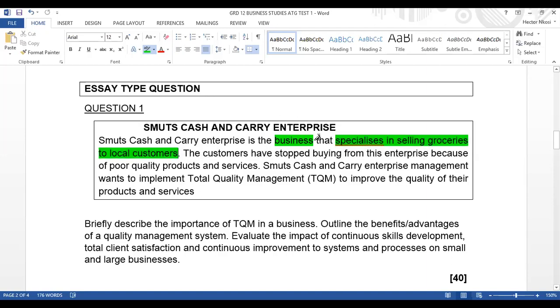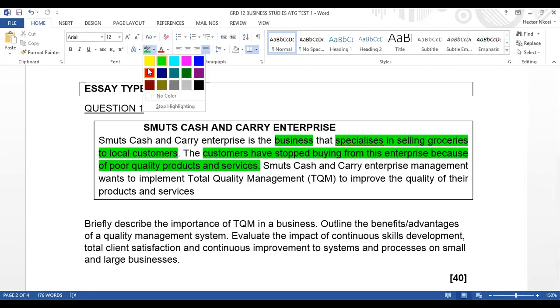The customers have stopped buying from this enterprise because of poor quality products and services. So this is the reason why they stopped.